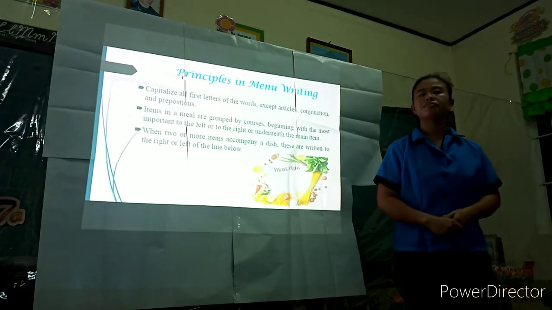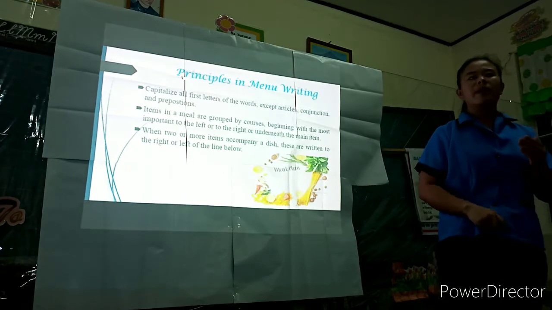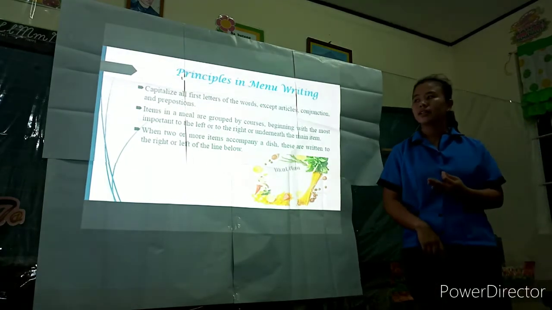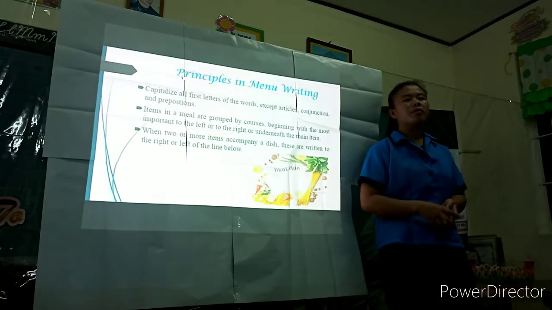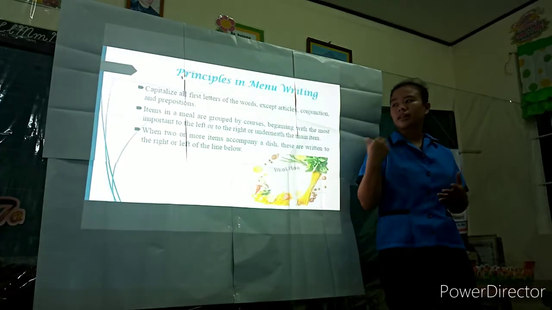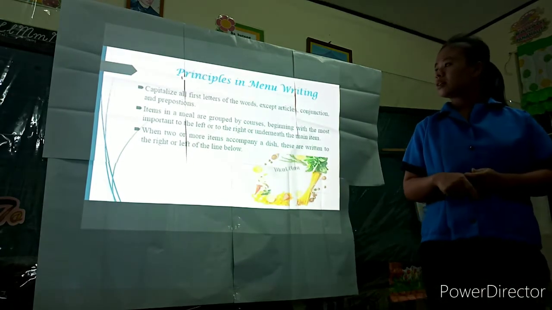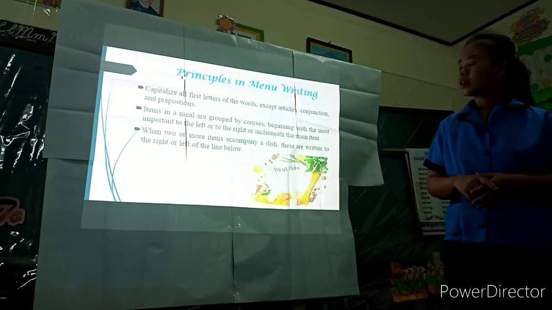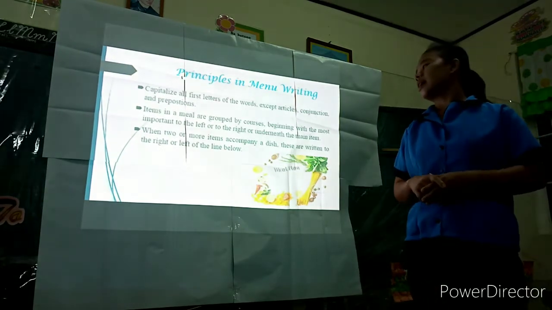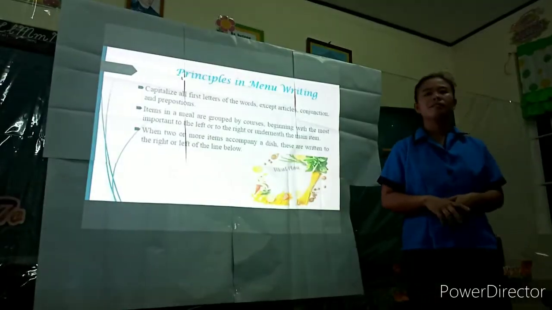Ms. Mendoza, please read. Okay, thank you. Guys, please analyze and understand the principles in menu writing, because later on we will be having an activity connected to this. First principle, capitalize all first letters of the words except articles, conjunctions, and prepositions.